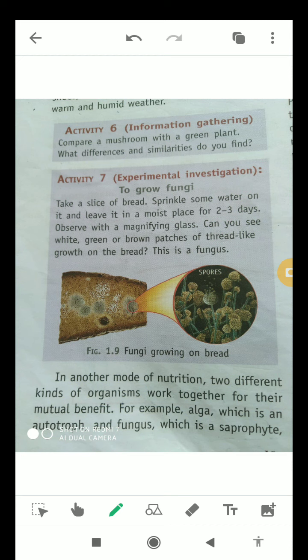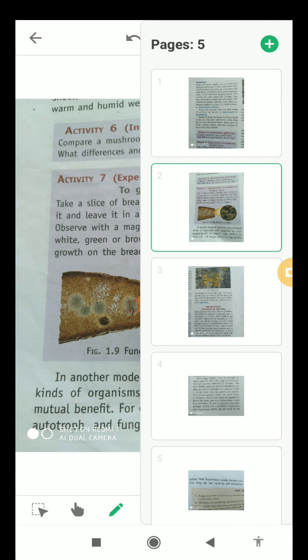Okay students, in another mode of nutrition, two different kinds of organisms work together for their mutual benefit. For example, alga, which is an autotroph, and fungus, which is a saprophyte. Now the next slide.